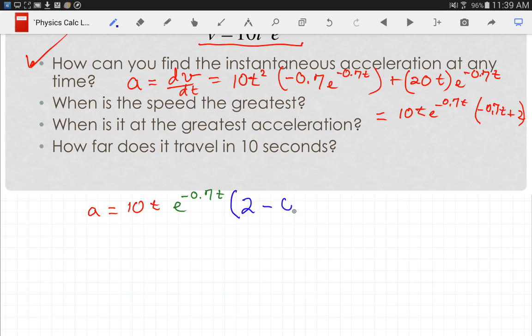I'm changing the order here so I don't have a leading minus sign. It just makes me unhappy to have a leading minus sign.